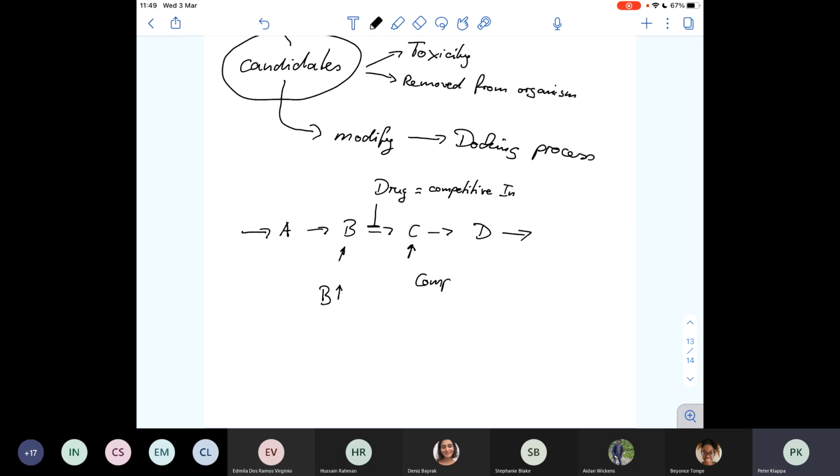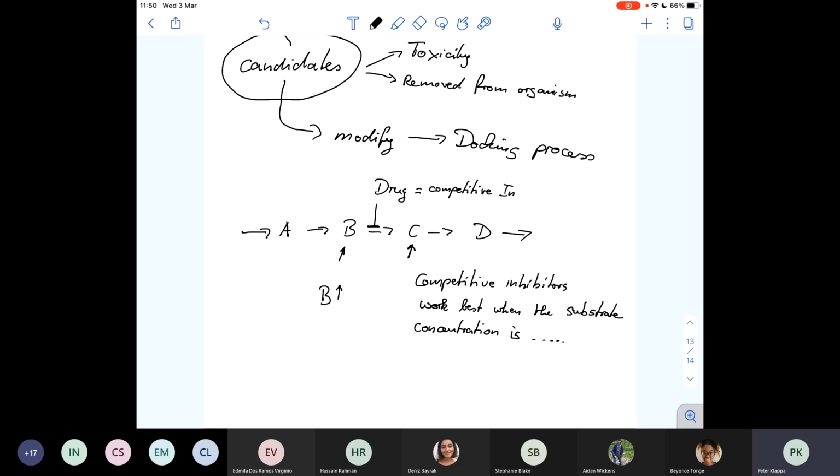Competitive inhibitors work best when the substrate concentration is, what would you put in?